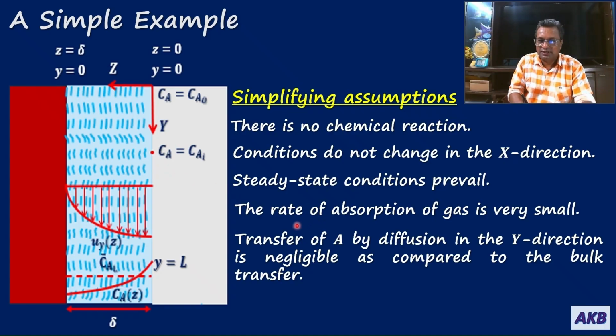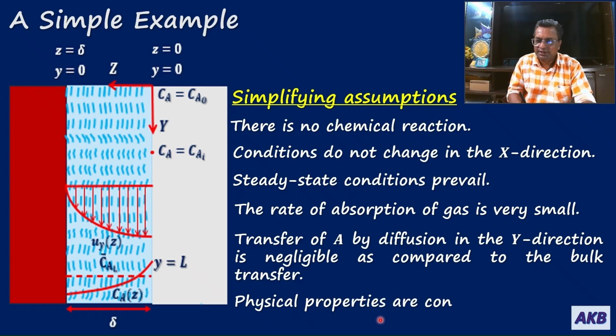And the meaning of the assumption that the rate of absorption of gas is very small is that the velocity in the z direction is very, very small. You can neglect it. We will know more about it when we use it in our discussion.